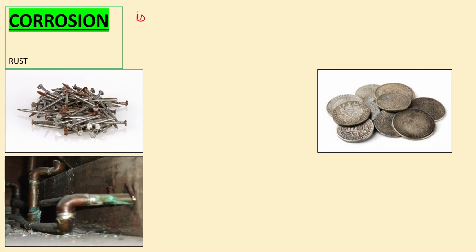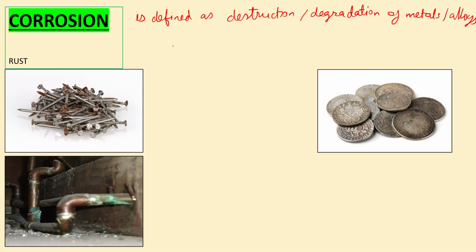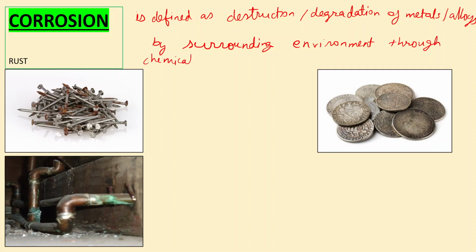Corrosion is defined as destruction or degradation of metals, or we can say alloys also, by surrounding environment through chemical or electrochemical change.